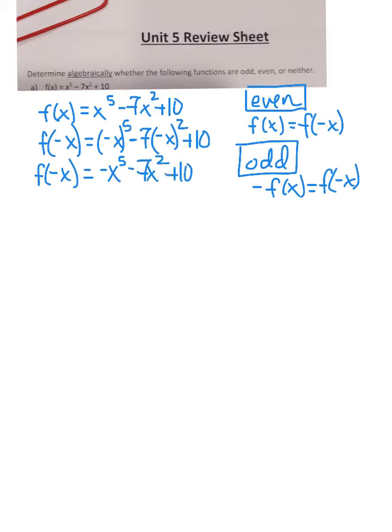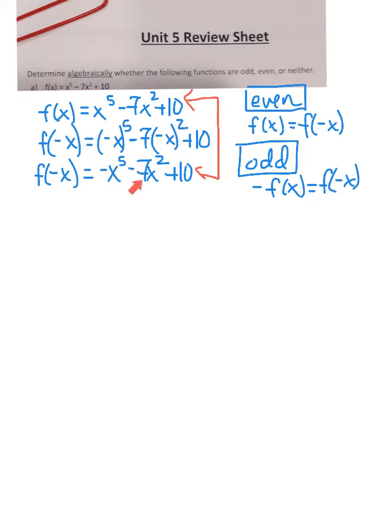All right, so if you look at what we have here, you can see that these two values, f of x up at the top and f of negative x, are not the same thing. So you see here I have a negative x to the 5th, but here I have a positive x to the 5th.